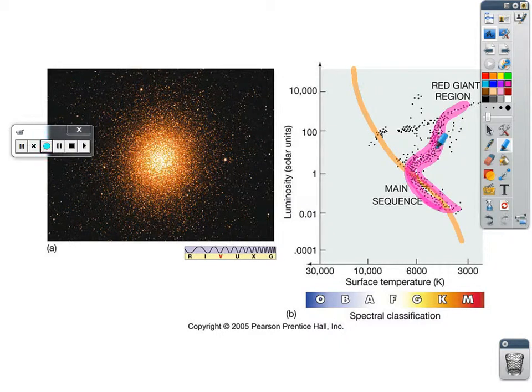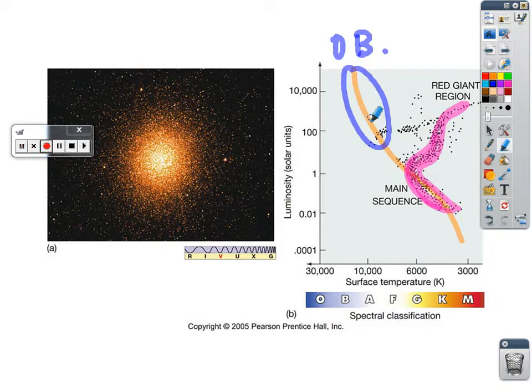What is missing? These stars up here. These are the B, O and A stars. The O and B stars are no longer around. Why? They've died. They would have been formed when the cluster was first formed, but because this is an old cluster, these stars are just not there anymore.